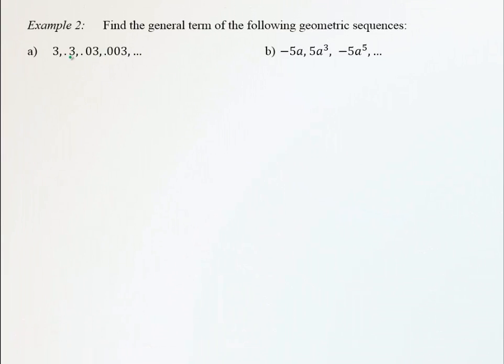In the next example, we want to find the general term of the following sequences. In order to do that, we need a1 and r. Well, a1 is shown, we know it. What's r? r is the ratio of one term divided by the previous term.